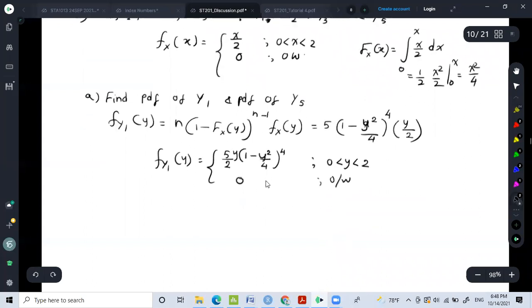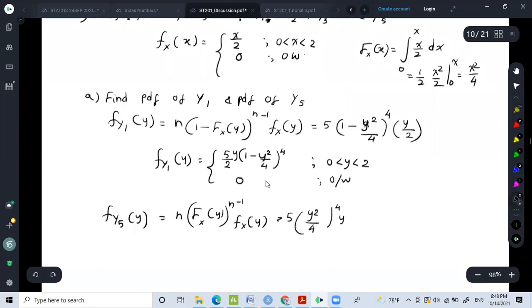And then in order to find the max, it is this. We have 5 times y square over 4 to the 4, times y over 2, right?